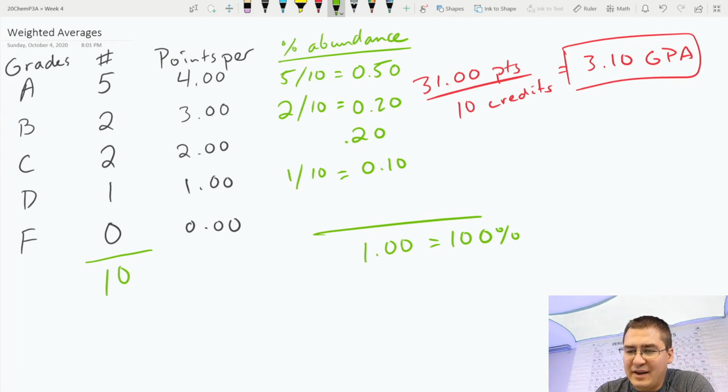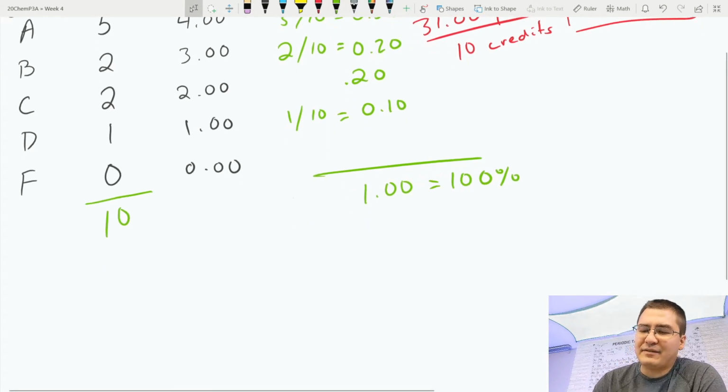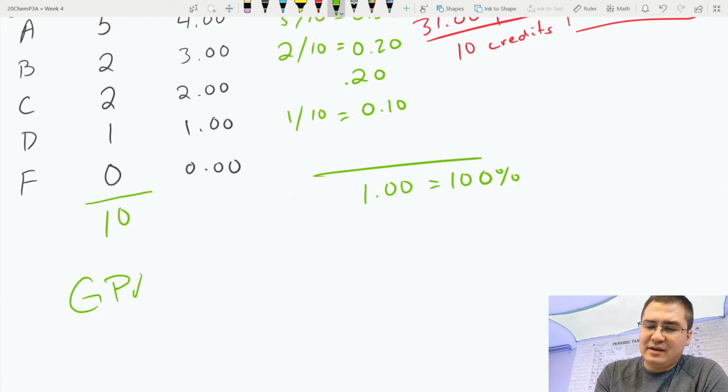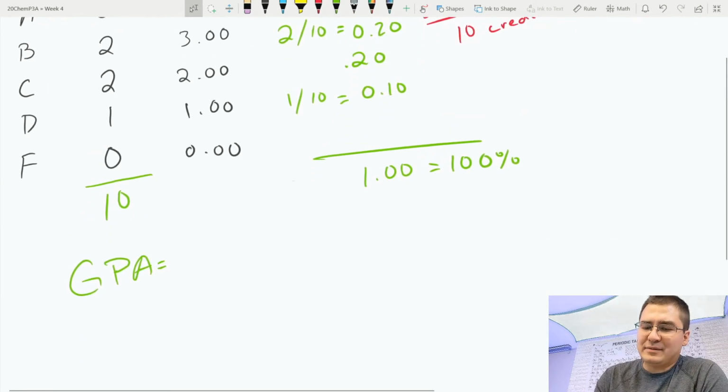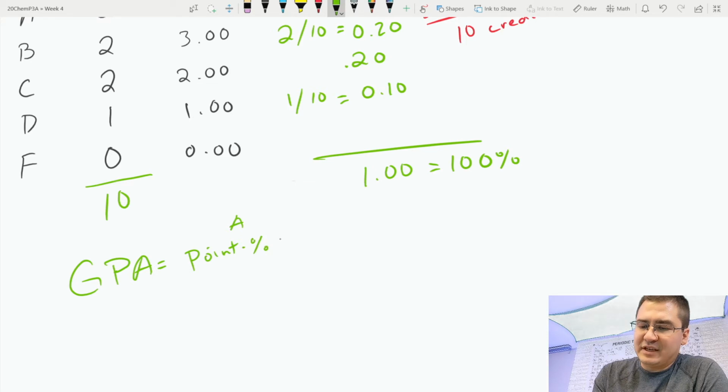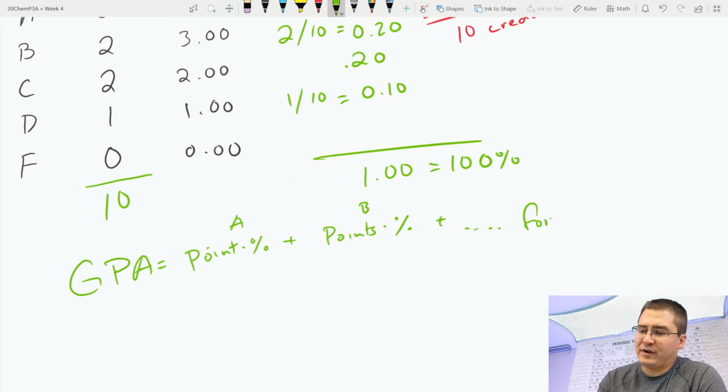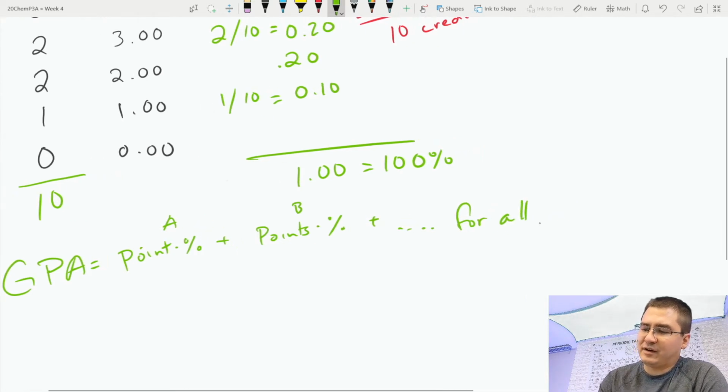But then what a chemist would do to find the average GPA is take the percent abundance times the points. They take the points for an A and multiply it by the percent, plus the points for a B multiplied by the percent, plus, and on and on. They do it for all grades.